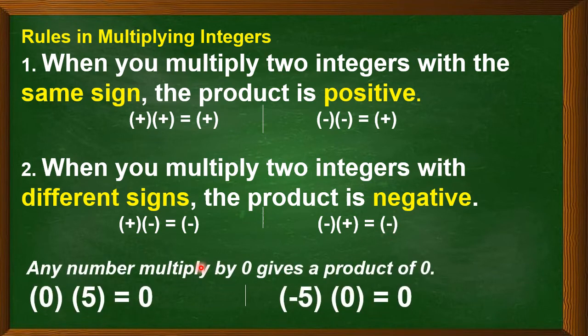I want you to remember also this one. Any number multiplied by 0 gives a product of 0. Say for example, you have 0 times 5. Of course, the answer is equal to 0. Or negative 5 times 0, the answer is equal to 0.